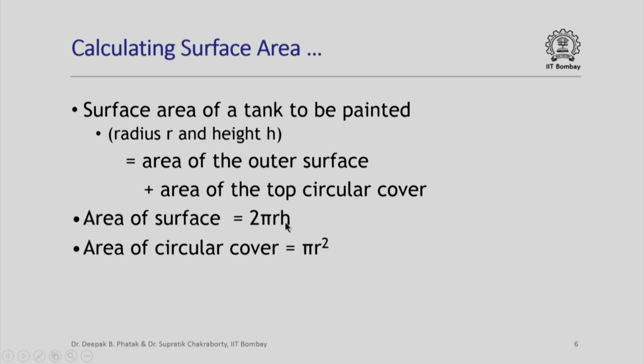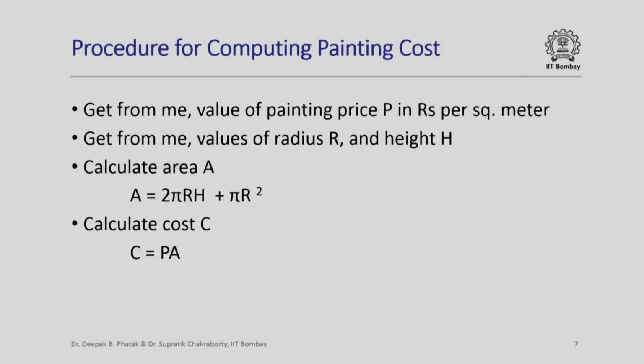In exactly the same way, we can find out that area of the circular cover will be pi r square. Once we know these two areas, their summation will be the total area. Having modeled this problem in terms of the mathematical formulae which we need to calculate the painting cost, we are now ready to write down a procedure for computing the cost.